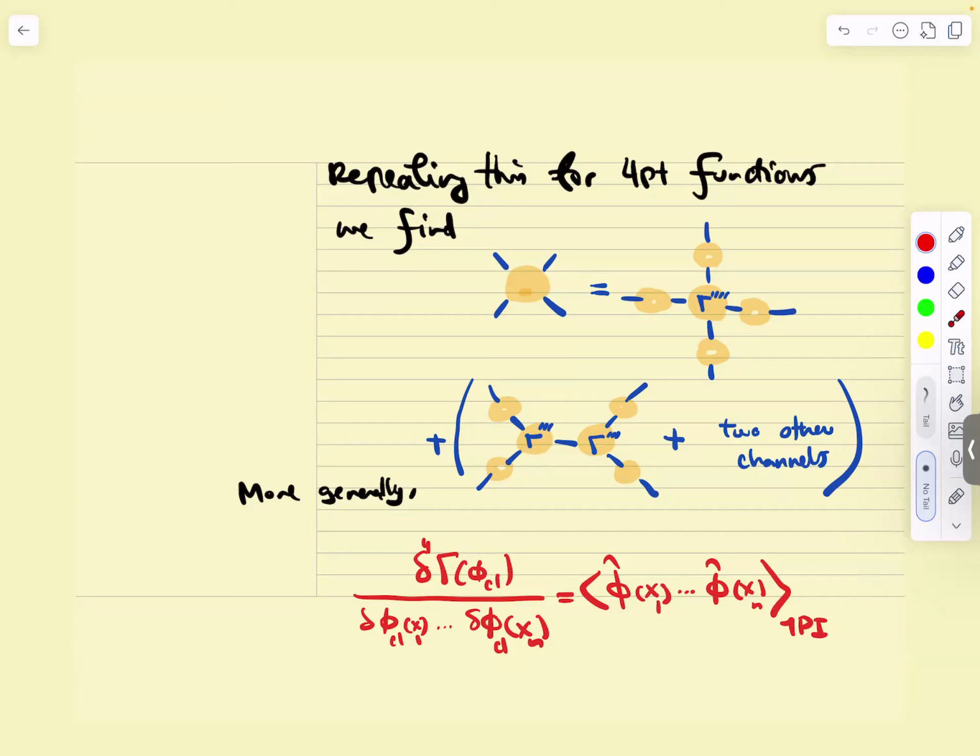Because to go between the moments and the connected moments, you have to use these Bell polynomials. It is complicated. So there's a quick way of doing it. Now, if you're doing a calculation and you need the 1PI diagrams, to extract that from the correlators is hard, but from W is straightforward.